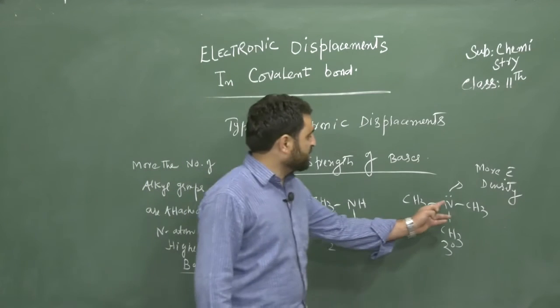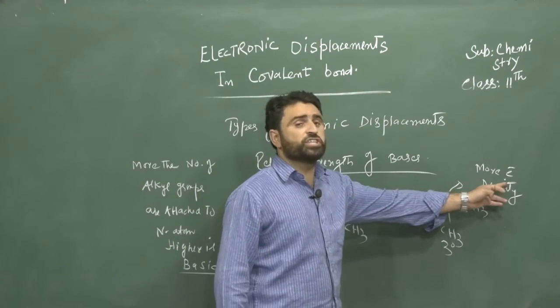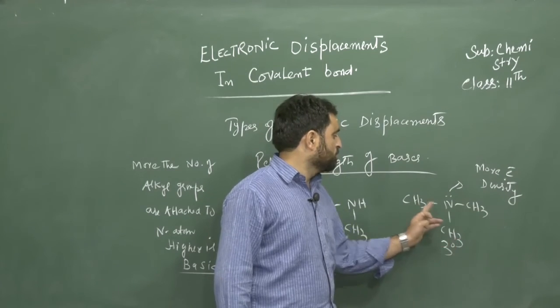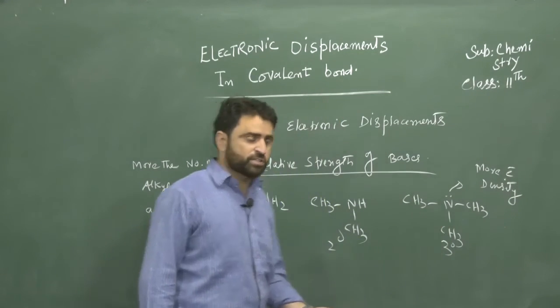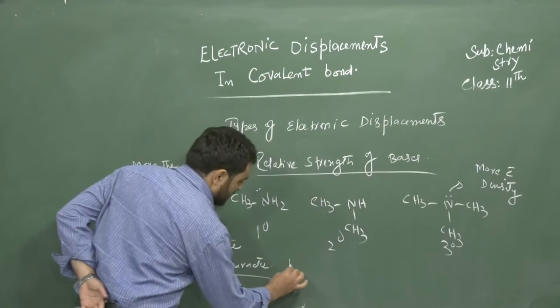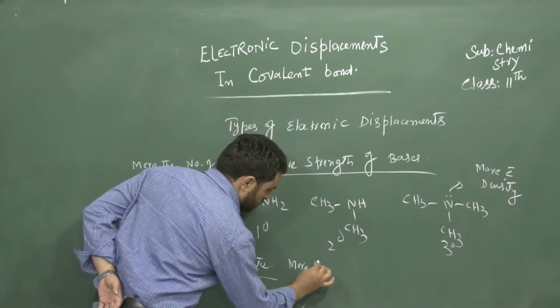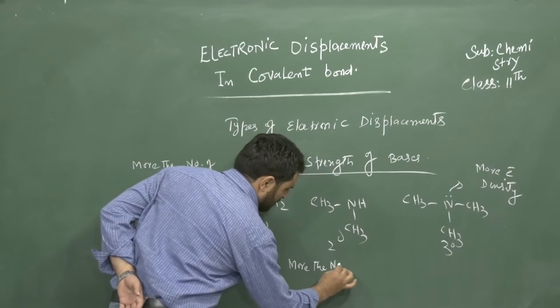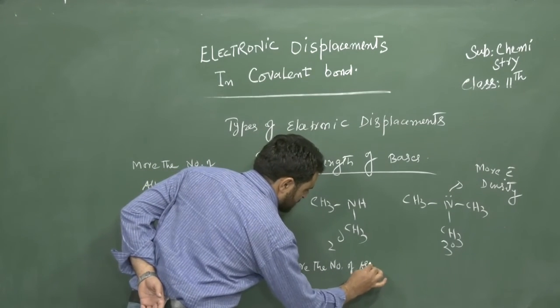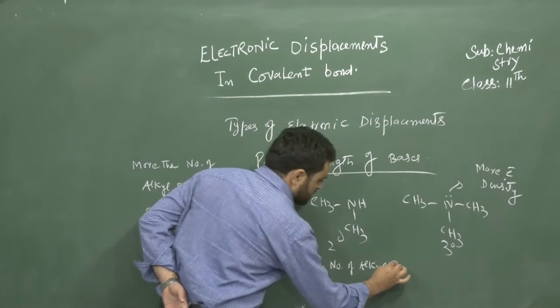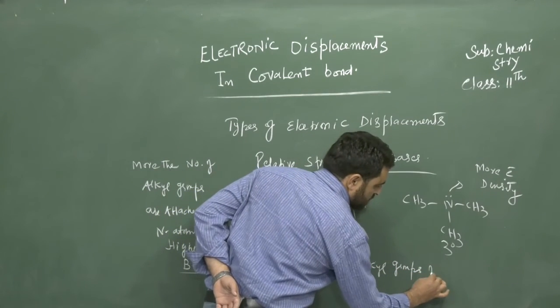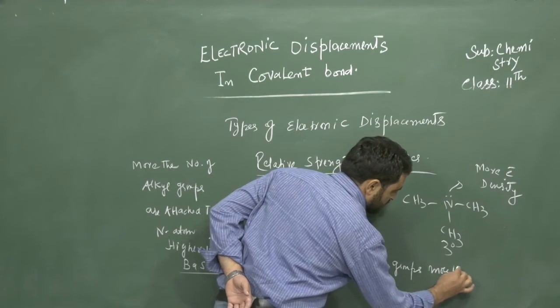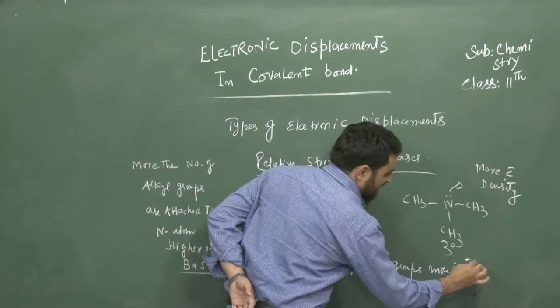But here the nitrogen will give more electron density if it is attached to more alkyl groups, because the more alkyl groups, the more the inductive effect, the more the plus I effect.